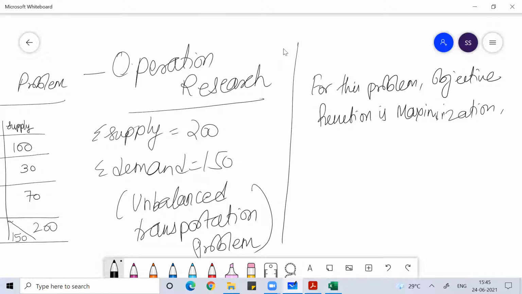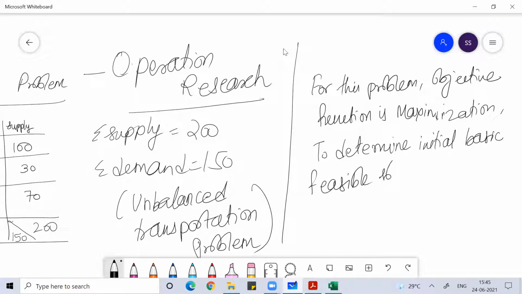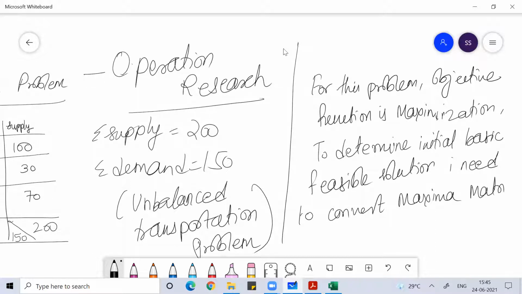So to determine the initial basic feasible solution, what I need to do is convert the maxima matrix into a minima matrix.